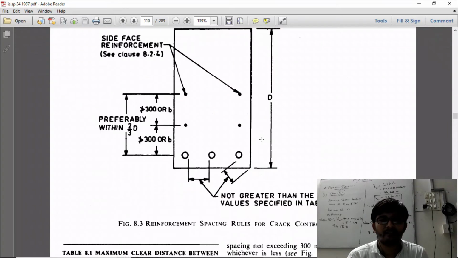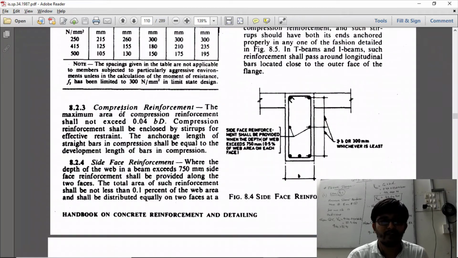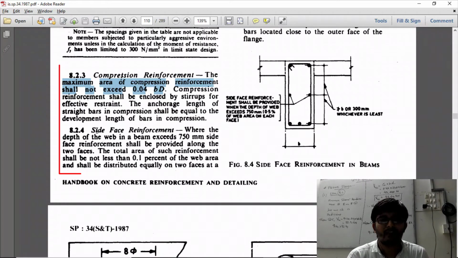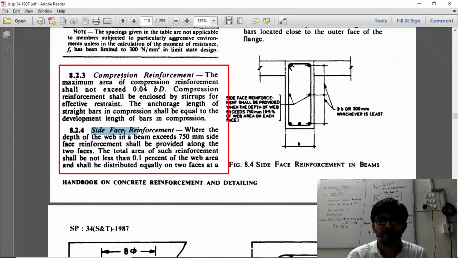Next important part in this is about compression reinforcement. The maximum area of compression reinforcement shall not exceed again 4% of gross area, right? Then next is side face reinforcement. Where the depth of web in a beam exceeds 750 mm, side face reinforcement shall be provided along the two faces.